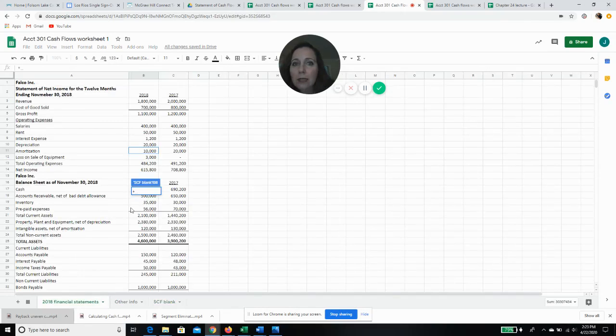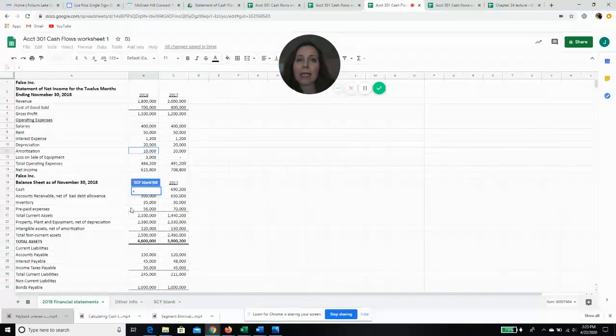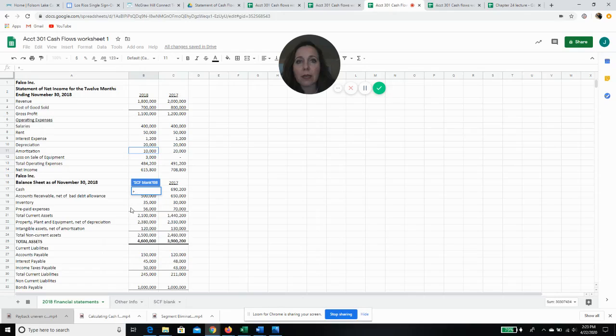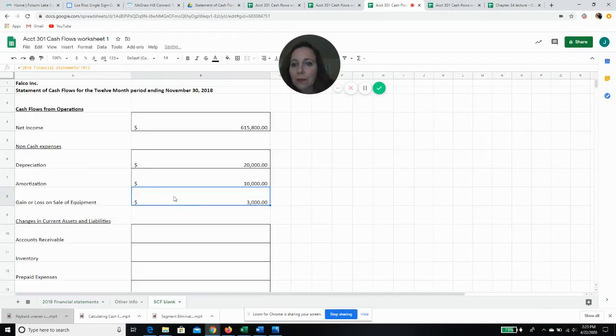A loss is going to be added back and a gain is going to be subtracted, because if they're non-cash, then a gain would have made net income higher, so we would subtract it from net income. A loss would have made net income lower, so we're going to add it back to net income. In this case, we have a loss, so we're going to add it back.